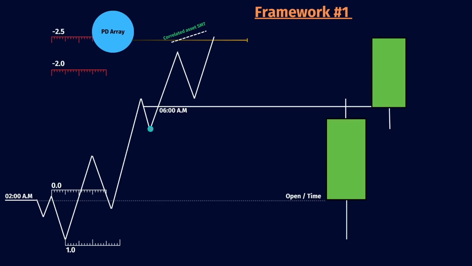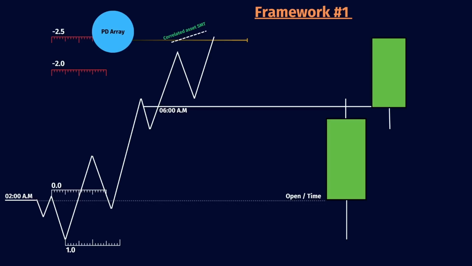The first move is to reach the unfinished business at the PD array, and when price reaches this PD array on higher time frame, and you can find the SMT, probably price moves in a retracement or one reversal below the 6 a.m. opening. So in this same 6 a.m. candle, probably you can find 2 different moves, one bullish and one bearish.